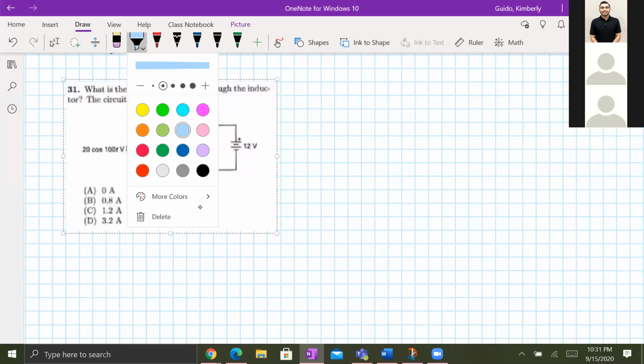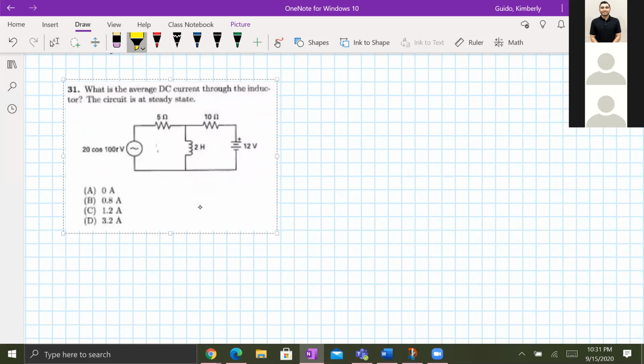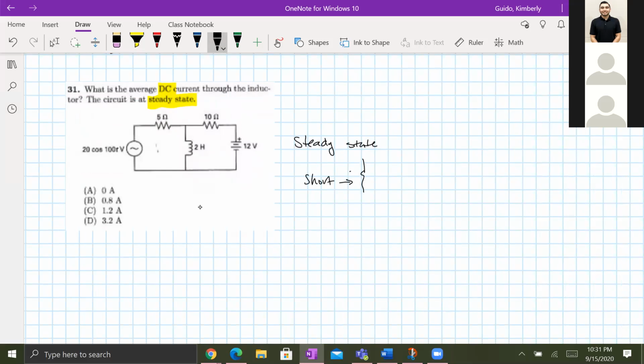Okay, so basically, my guess was, what is the DC current? So this is a keyword, and it's also a steady state. So we know again what Seva said. When it's steady state, we short the inductors, and then we open capacitors.